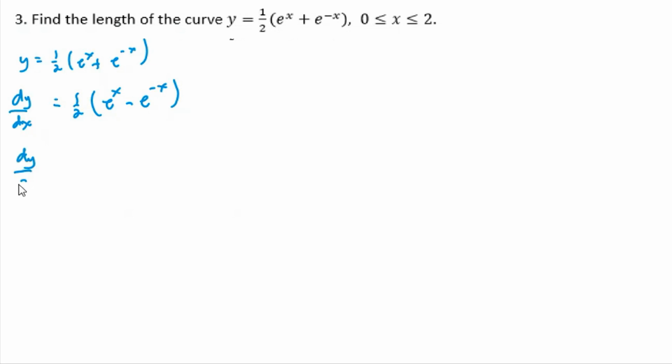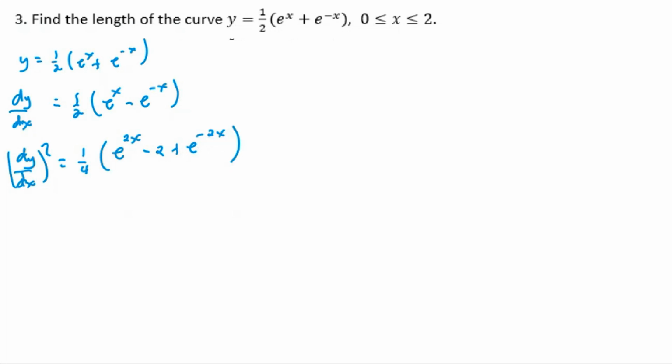So the dy over dx, the square of this. So we can write now the square of 1/2 is 1/4 times the square of the binomial. So I can write now e raised to 2x minus 2 plus e raised to the negative 2x.